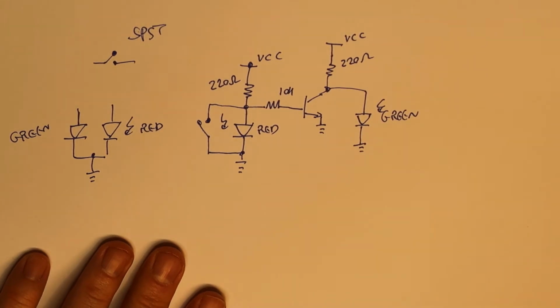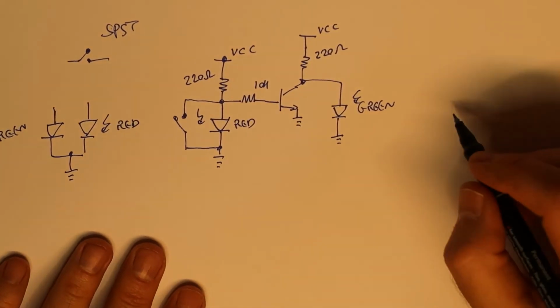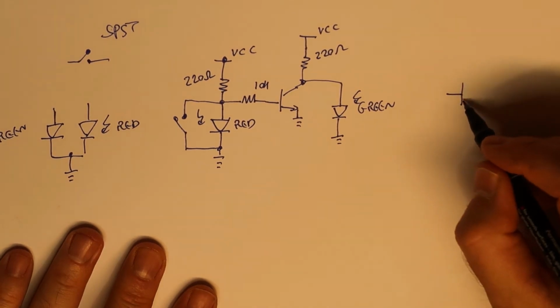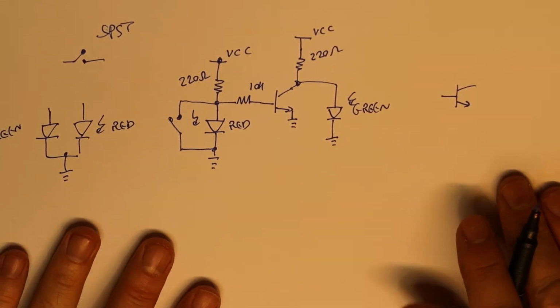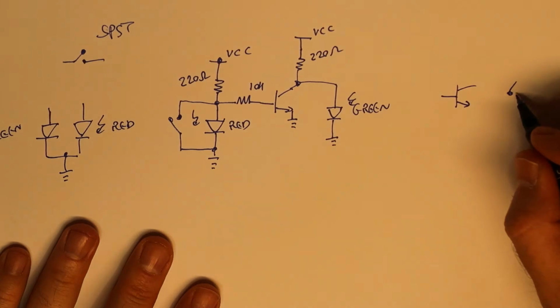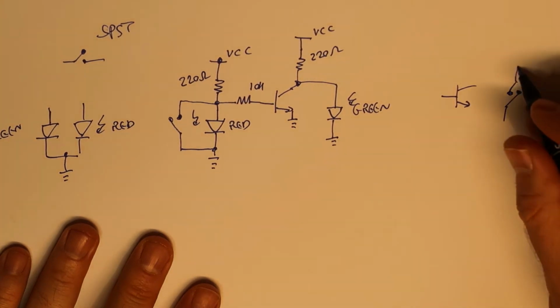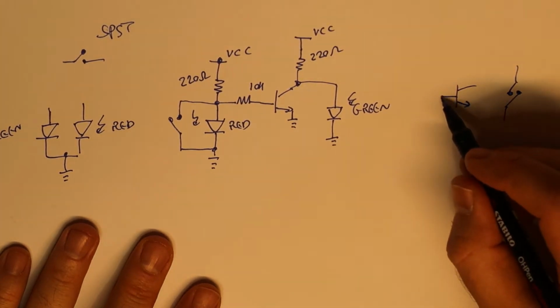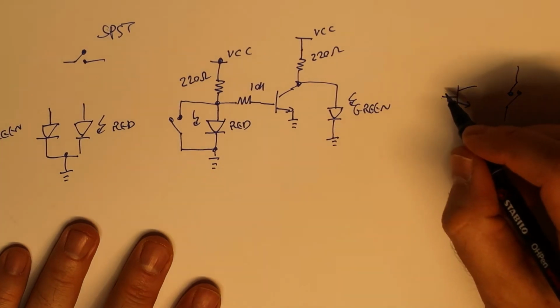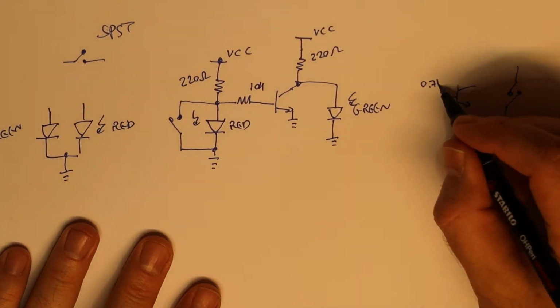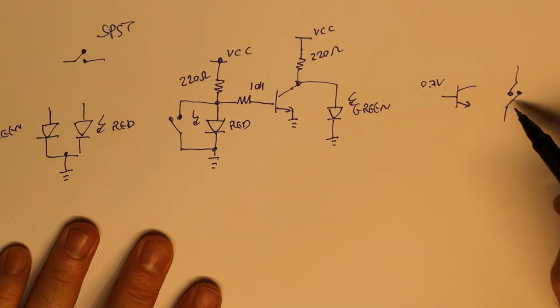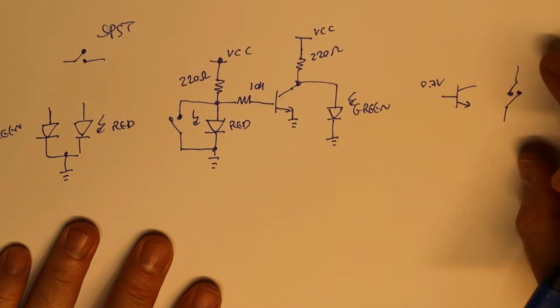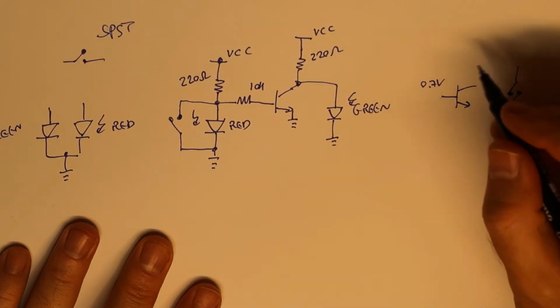I think this is the simplest way to implement this circuit, with only one NPN transistor. I will explain the NPN transistor for a second. An NPN transistor is like a control switch. If I have a voltage of 0.7 volts on the base, this switch is closed and there is current from the collector to the emitter.